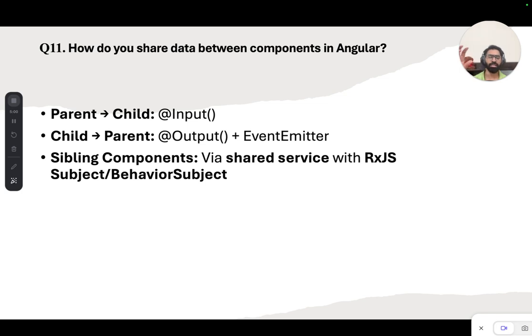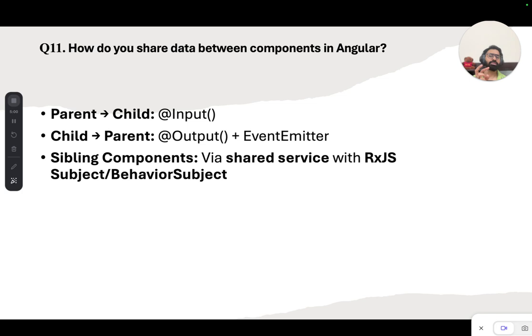To transfer data from parent to child, we use the @Input decorator. To transfer from child to parent, we use the @Output decorator along with EventEmitter. The EventEmitter class emits the value, and the @Output decorator receives it, so you can transfer data from child to parent.